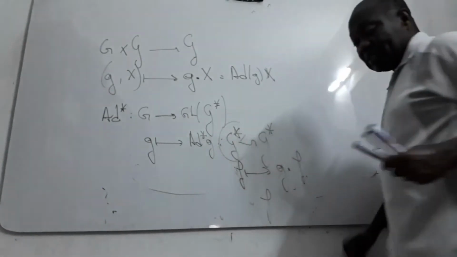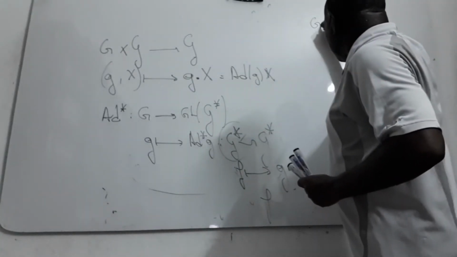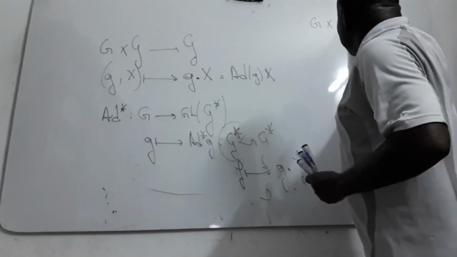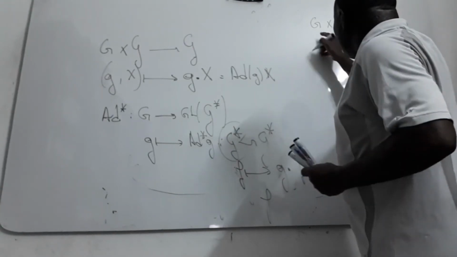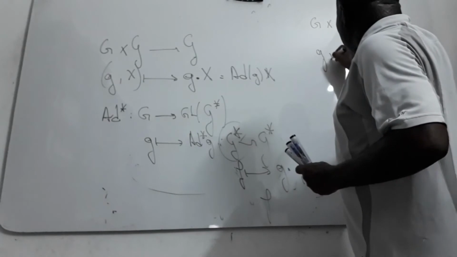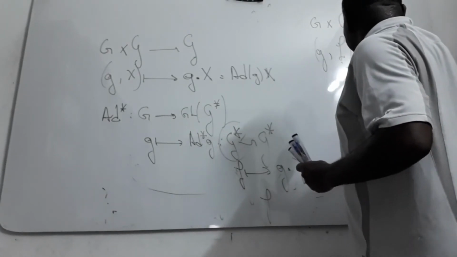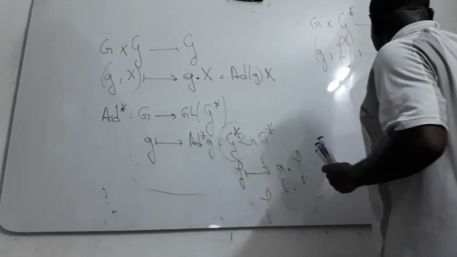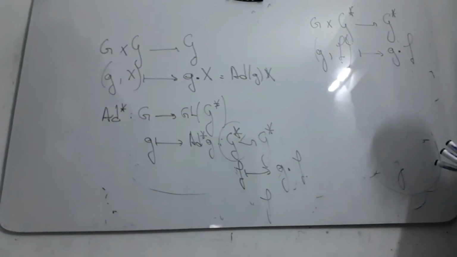It's also an operation for this. G operates on F like this, when F is a linear form on this vector space.